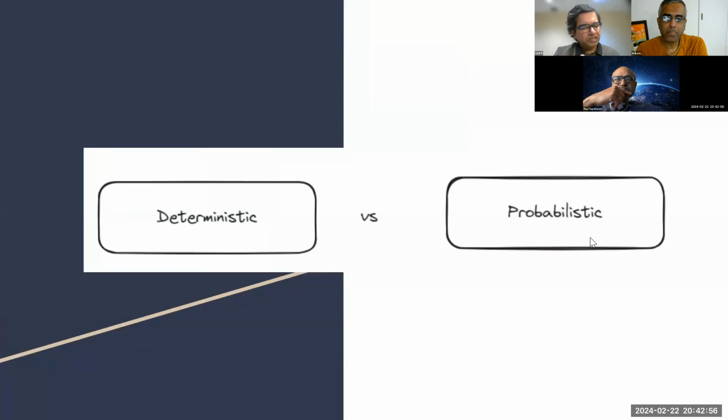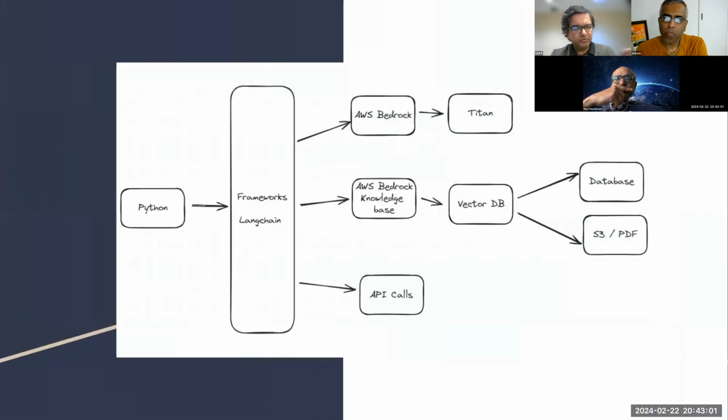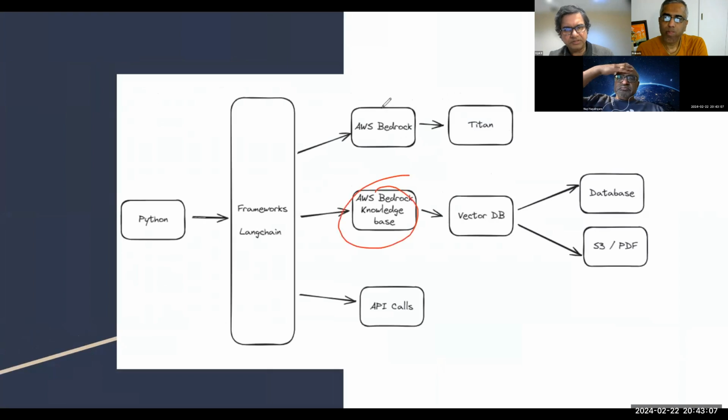And that's where AWS is trying to say you don't worry about all this complexity. If you really want to build a solution very quickly, use the knowledge base, use Bedrock, build your application, make some API calls, and you're pretty much done. Then you do the evaluation and make sure whether it's working for you or not.